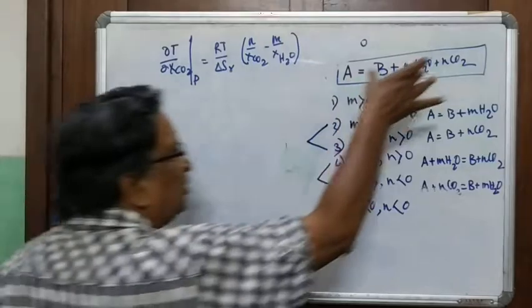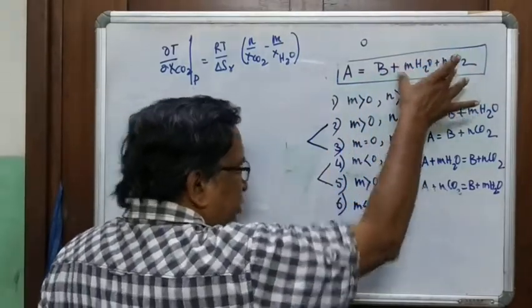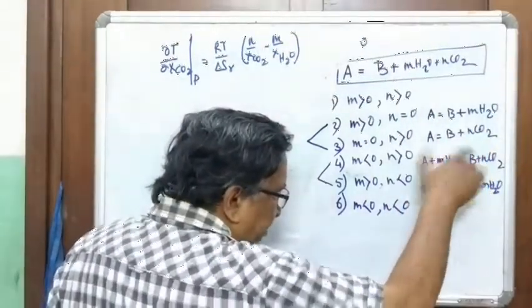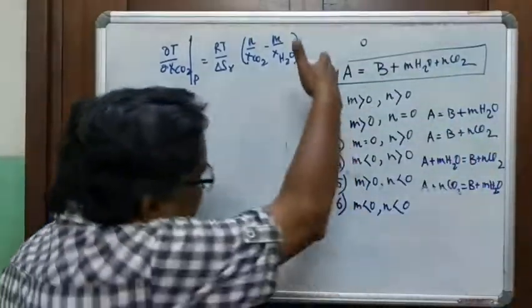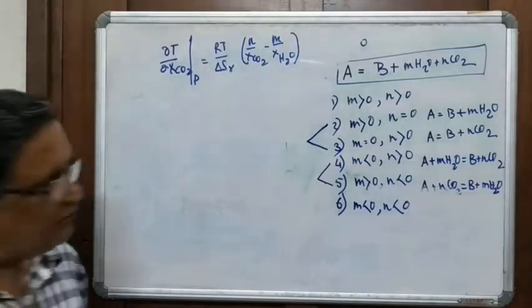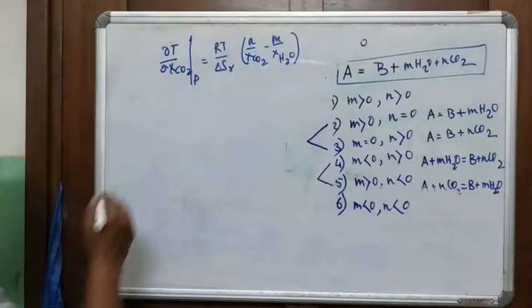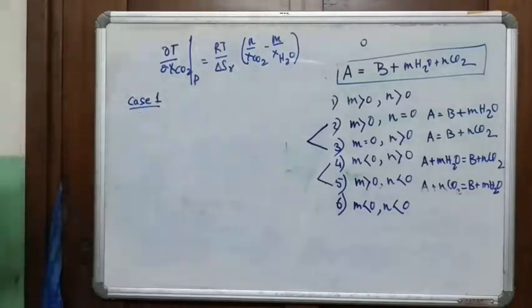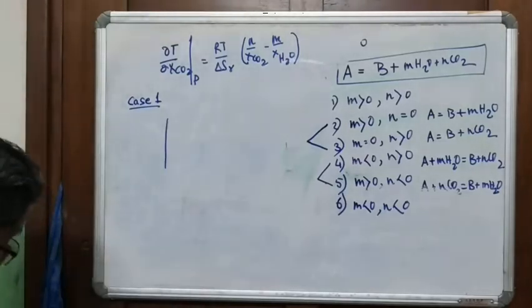You can have one of the fluid components, and you can have two fluid components on either side of the reaction. You can have all these three combinations, which gives you 6 cases to deal with. Let's say we start with case number 1. We wrote a reaction recently, and what we are studying is CO2, okay.